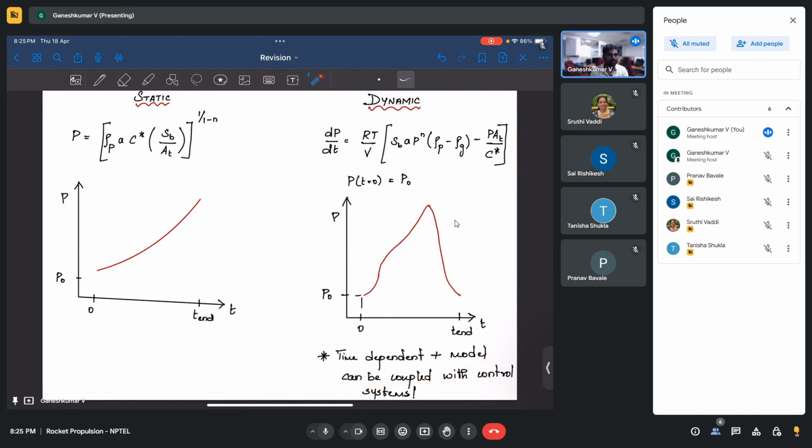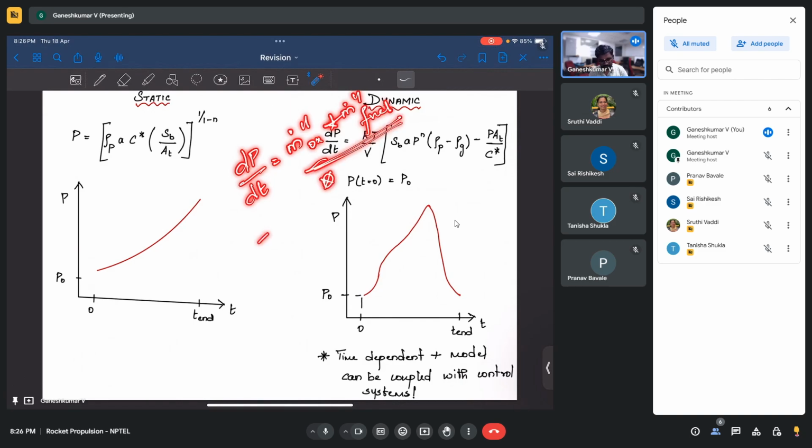Of course, solid propellant rockets cannot be controlled, so there is no point in integrating. For a liquid propellant, you can have a dP/dt, which is a function of the mass flow rate of oxidizer and fuel within the combustion chamber, which can be controlled using a valve.